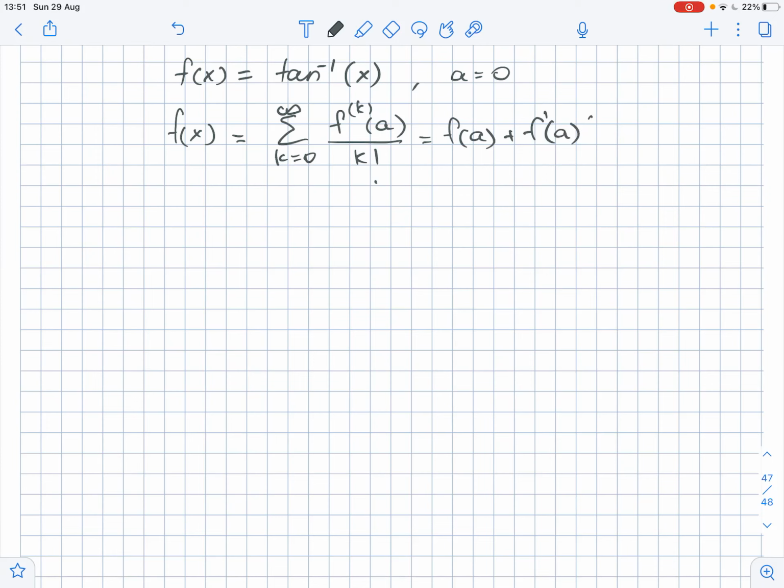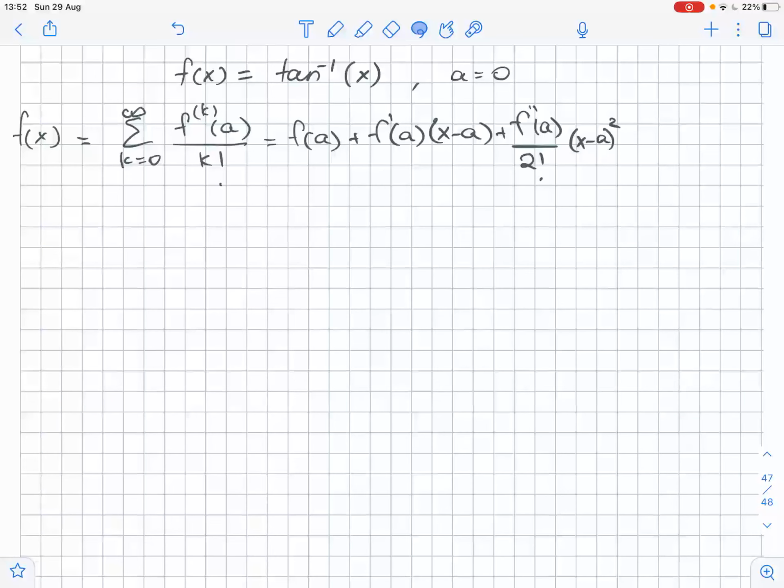So if we do the expansion, it becomes f of a plus f prime of a multiplied by x minus a, plus the second order derivative of f of a over 2 factorial multiplied by x minus a squared, plus the third order derivative of f of a over 3 factorial times x minus a cubed, and so on.